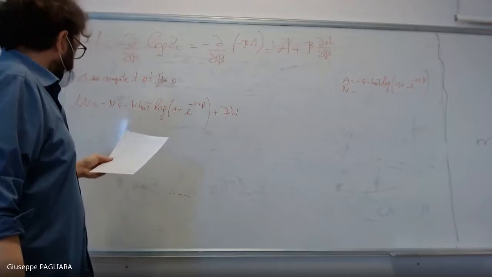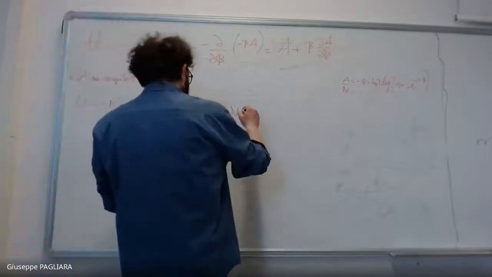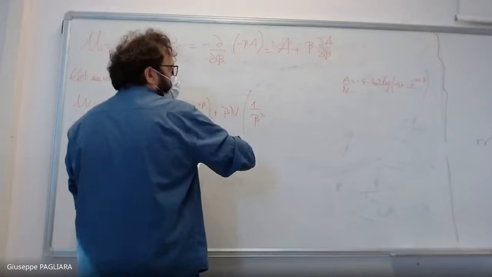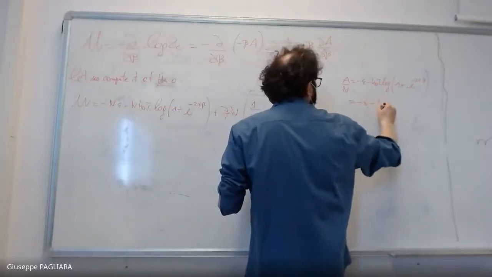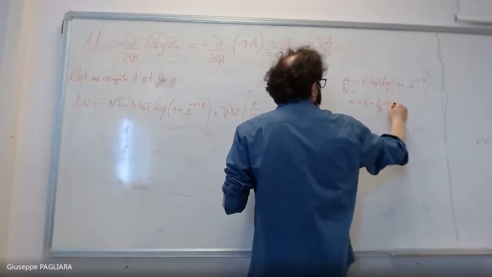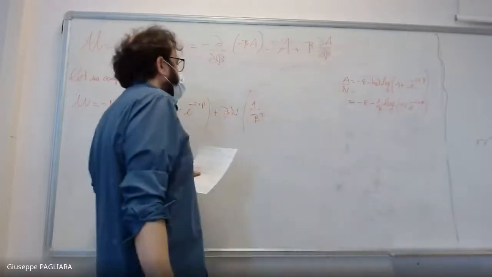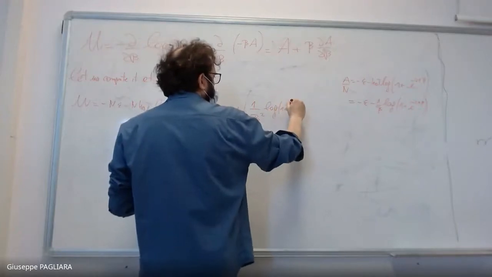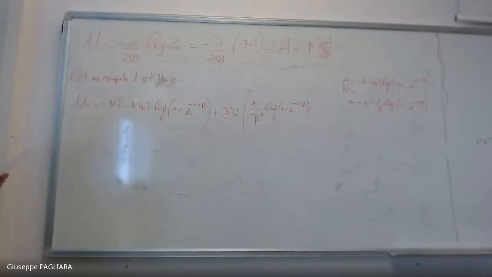Let's just carry out the calculation. So here 1 divided by beta squared comes from here, because this is 1 over beta. Log of 1 plus e to the minus 2 beta epsilon.